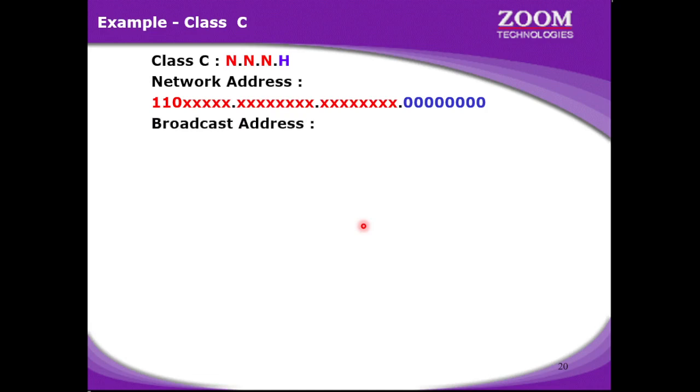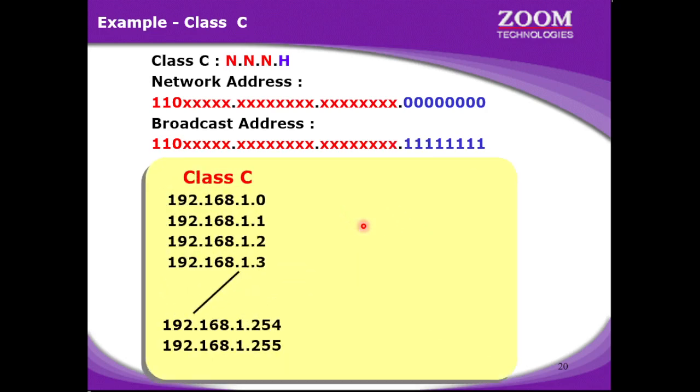So, the broadcast address, ang naka-1 lang po dyan is the last octet. So, for example, we have 192.168.1.0 network, no? Yan po yung network address natin.